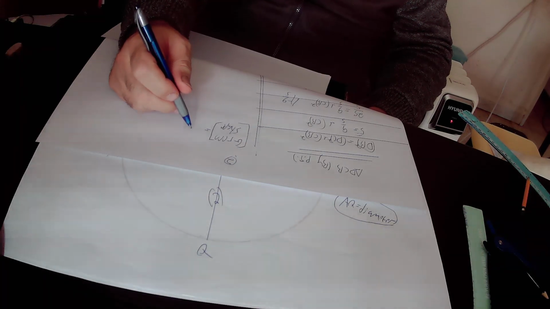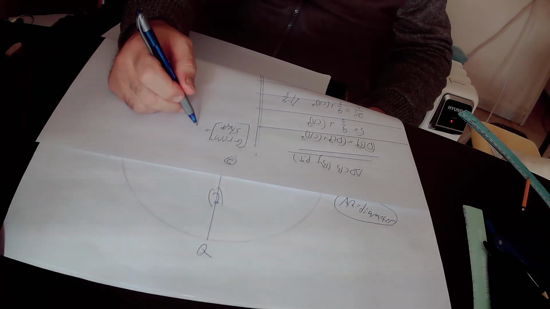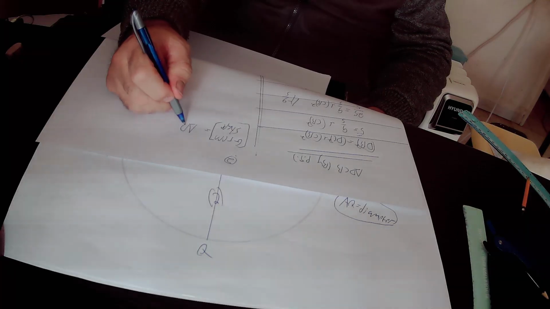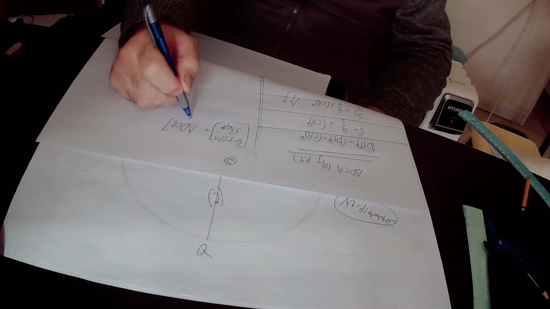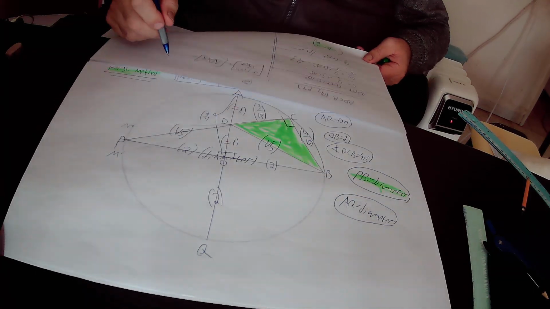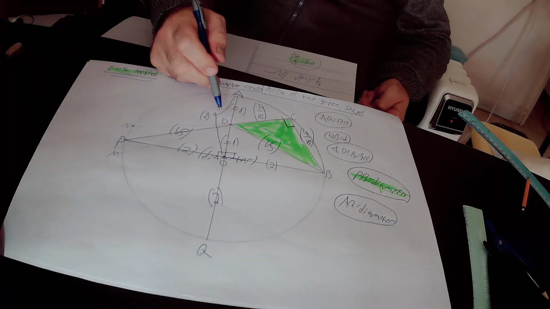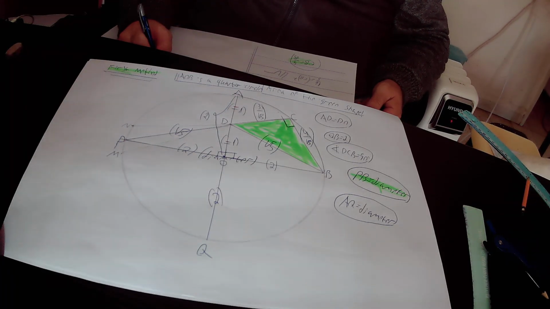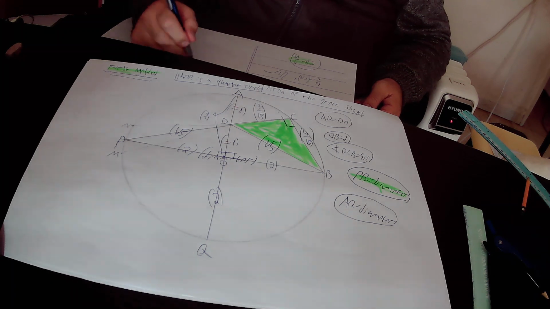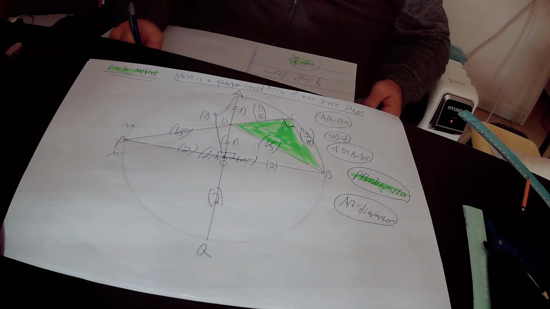Again, the area of the green shape is actually the area of the green right triangle DCB. And the area of this green right triangle DCB equals the base DC times the height CB over 2.